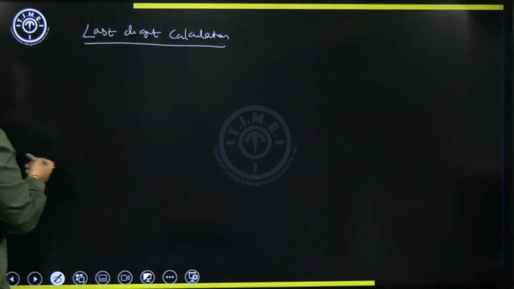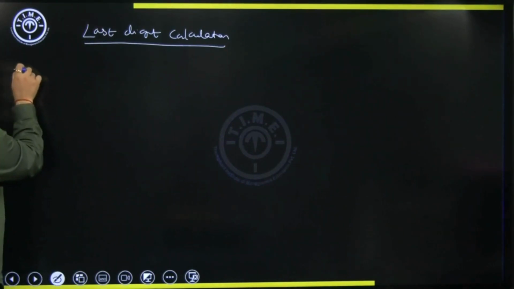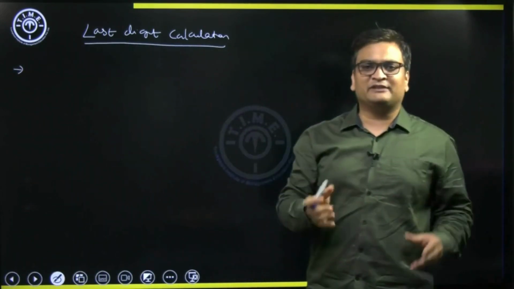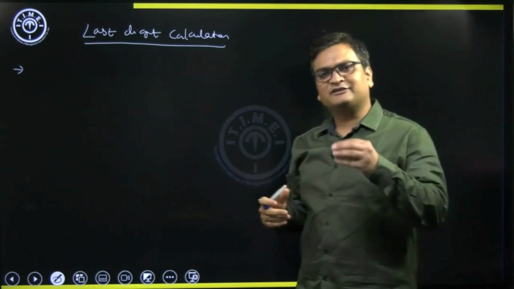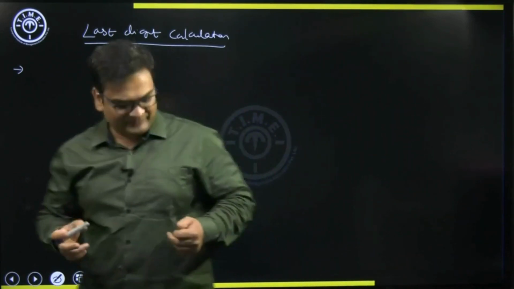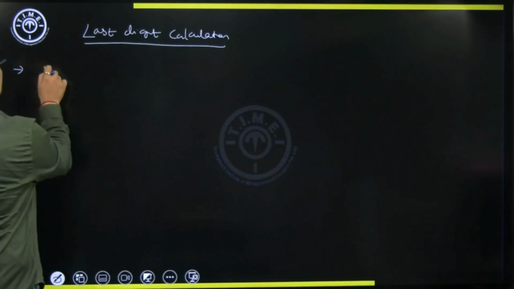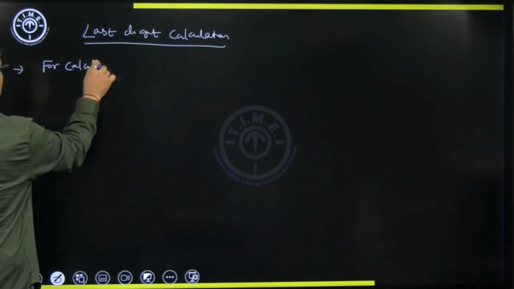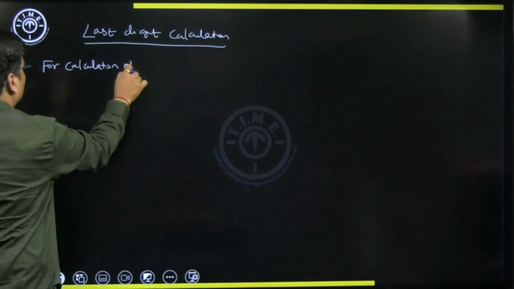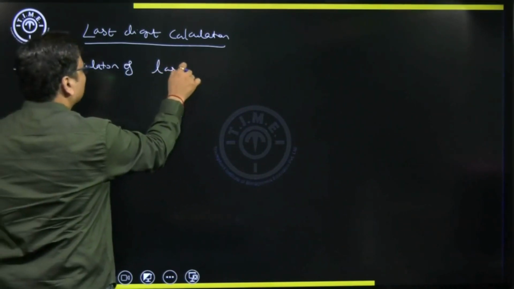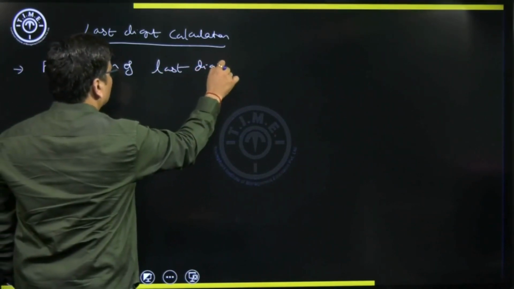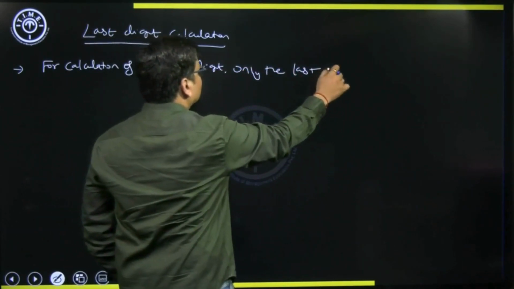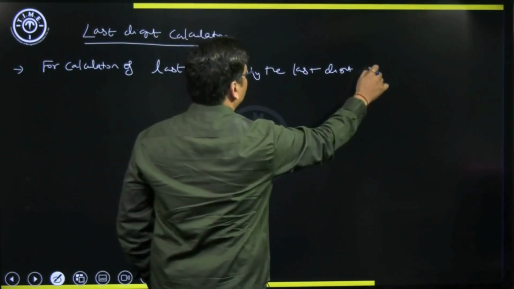So let's get started. So for finding the last digit for any given power, there are certain points that we'll try to remember. I'll start with a very basic point, which is for calculation of last digit, only last digit matters.